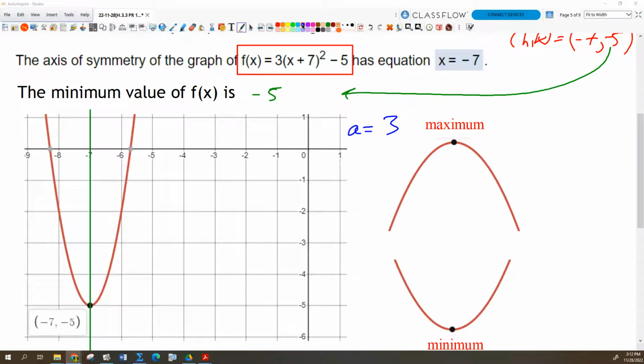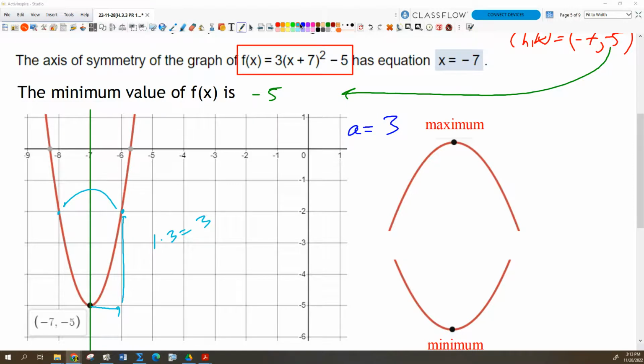So we're going over 1 and we're going up 1 times a, which is 3. So up to there. Okay? It's stretched out vertically. And then we'll just reflect that point over the axis of symmetry to get a free point on the other side.